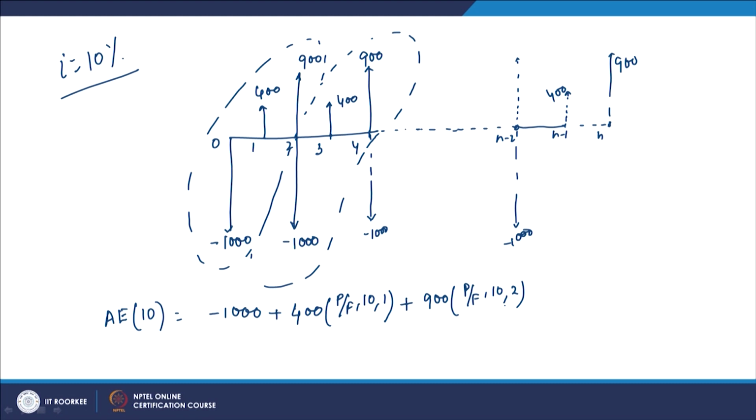Now, for this time domain of 2 years, you have to find the annual equivalent. So, what will be the equivalent annual payment, receipt or disbursement? For that you have to multiply with the factor A by P, because you know P and you have to find A. So, you will be multiplying with A by P 10 2.